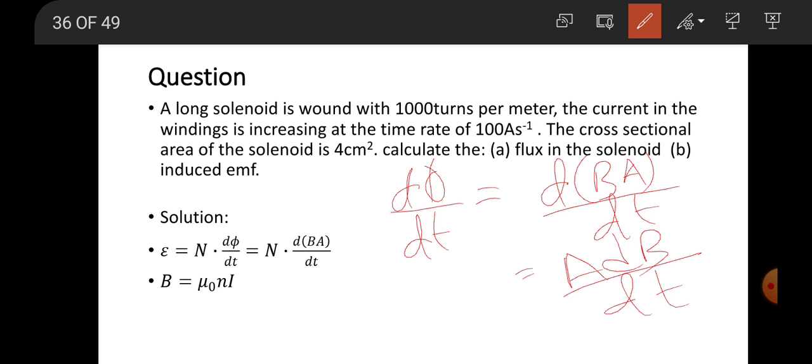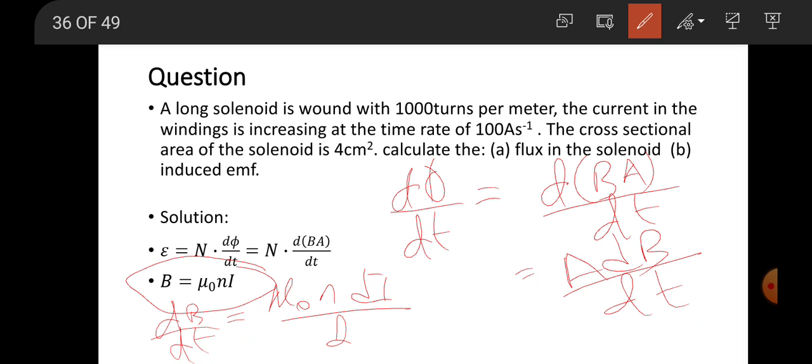So we can know what the area is and know what dB over dt is. dB over dt is not a problem. If you notice here, B here is mu naught n I. So what will be dB over dt? Watch. It is going to give us mu naught n, instead of I now, it will be dI over dt. Why are we using dI over dt? Because that is what we are given. We are given the time rate of current.